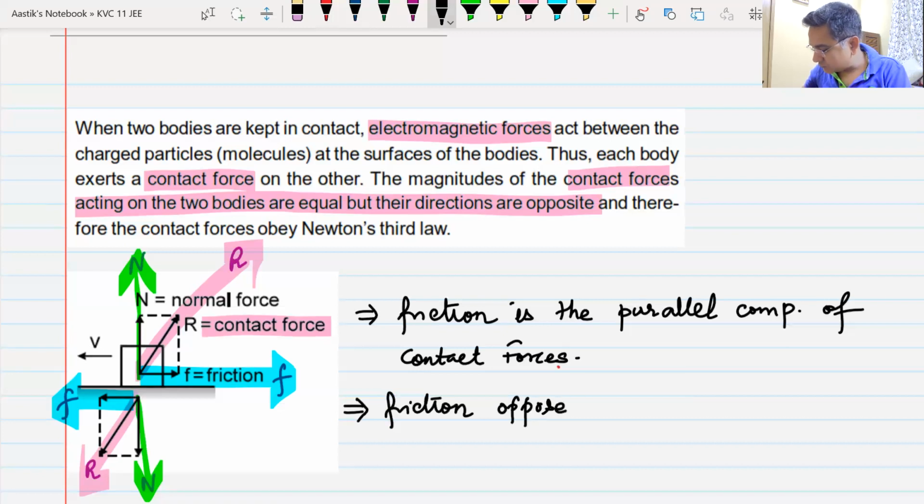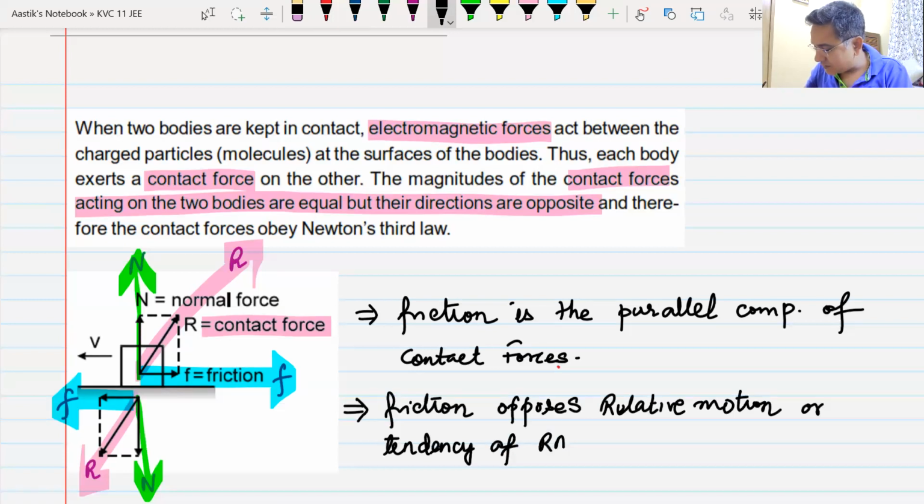What does it oppose? It opposes the relative motion. Sometimes there is relative motion, sometimes there is no relative motion. So it opposes the relative motion or the tendency of relative motion between the two bodies.